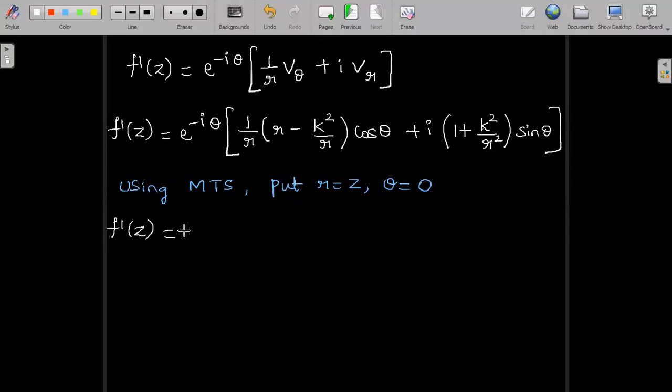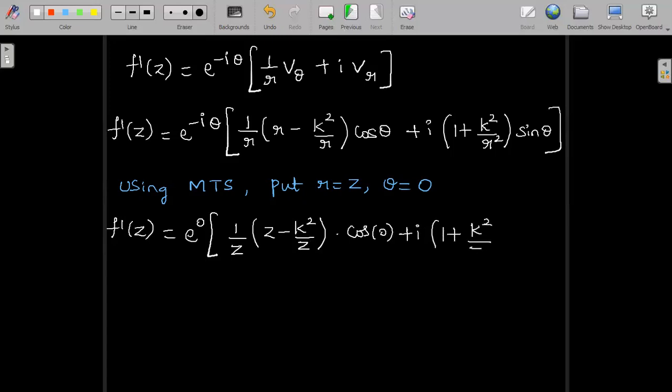So that will be e power 0 outside, then we have 1 by z into (z minus k square divided by z) multiplied by cos 0, plus i into (1 plus k square divided by z square) multiplied by sine 0. Recall the standard value, sine 0 is 0. So since sine 0 is 0, the entire imaginary term vanishes.